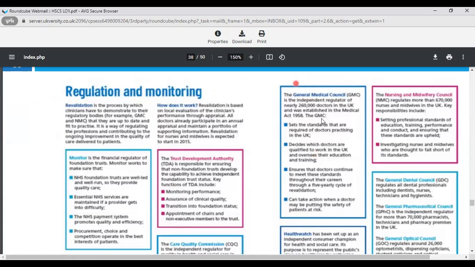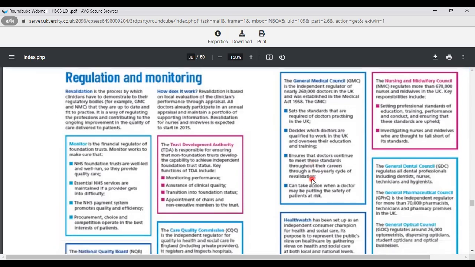So what does it do? It's an independent regulator, and it sets the standards that are required for doctors who practice in the UK, and it deregulates them also. So if there are regulation concerns, if there's a clinician who's not performing well, their registration might go down. They might not be registered then, and they might have to reappear for the exam and do all the process again.